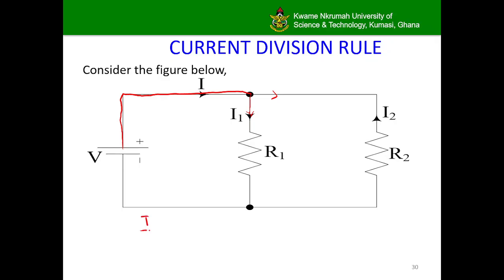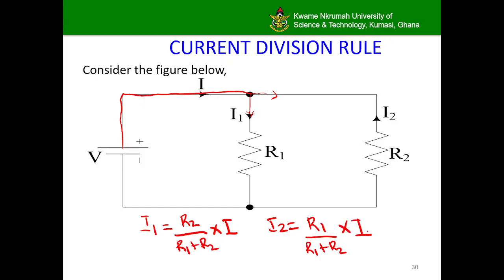And so from what we just studied, the one that goes downward, I1, is simply the other resistor, which is R2, over the sum R1 plus R2 times the current they are sharing, I. The current that was supposed to move towards the right, which is I2, is also simply R1, the other resistor, over the sum R1 plus R2 times the current they are sharing, I. However, since I in this circuit has been shown to be moving opposite the natural flow of the current I2, what we do is negate I2, and so I2 in this circuit is negative R1 over R1 plus R2 times I.